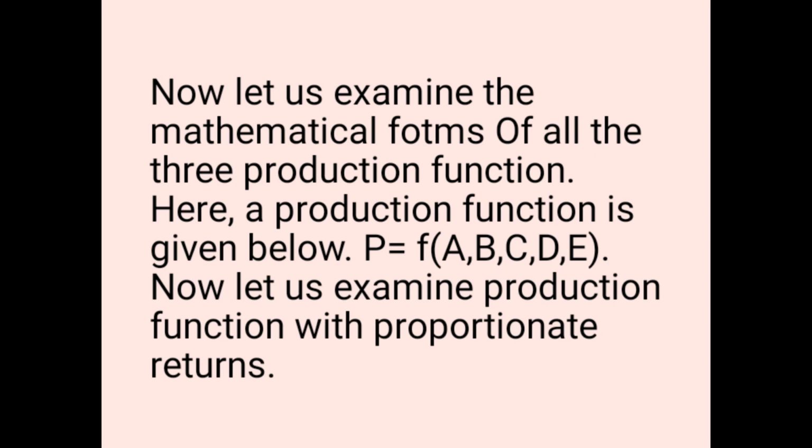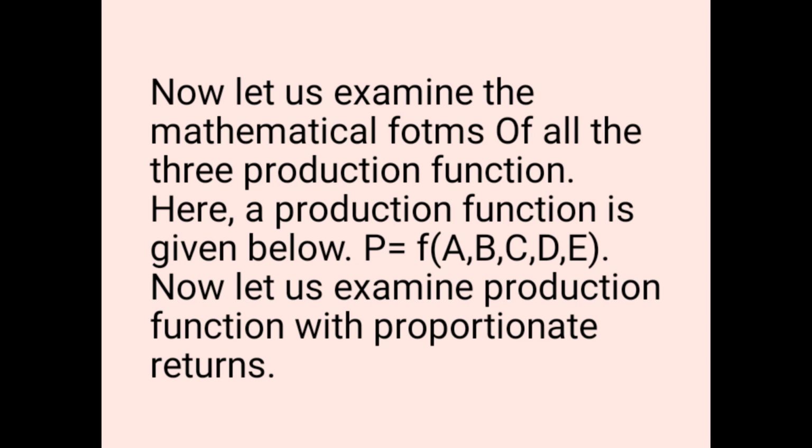Now let us examine production function with proportionate returns. This was the normal mathematical formula of production function. Now this we are going to study on the basis of production functions with proportionate returns. These three types of returns were there. On the basis of that we are going to study this formula.